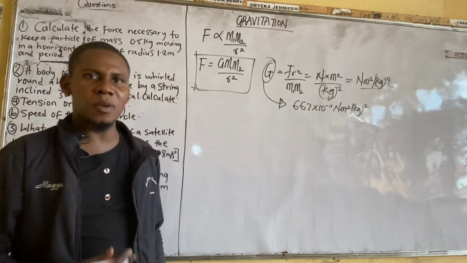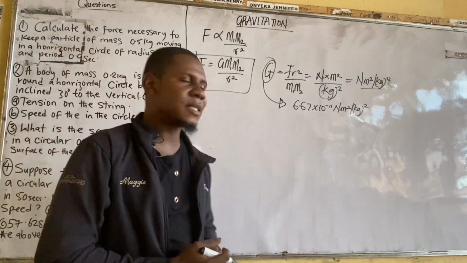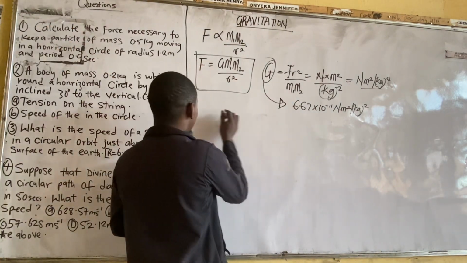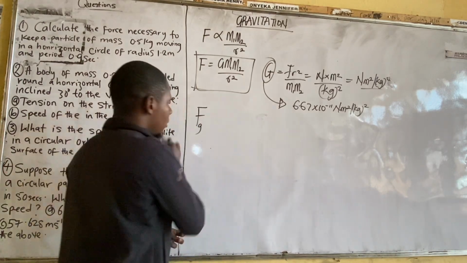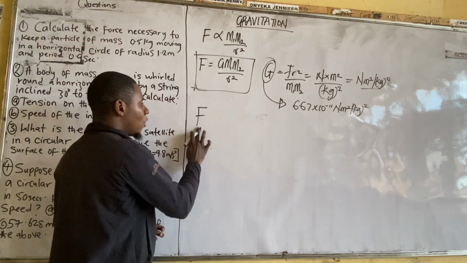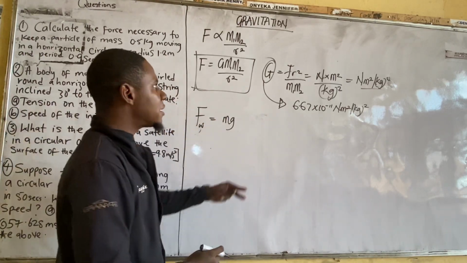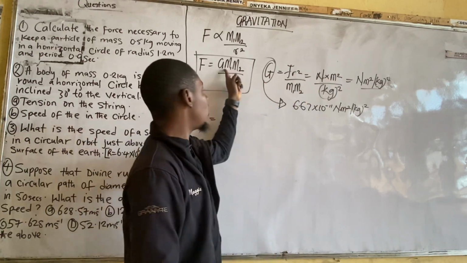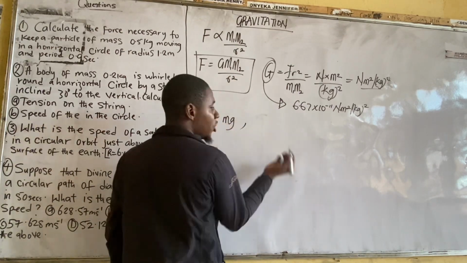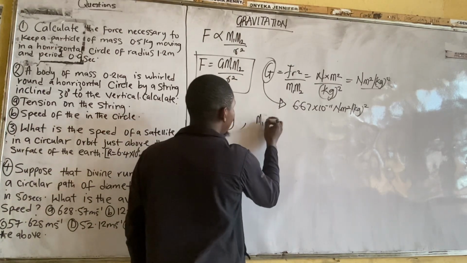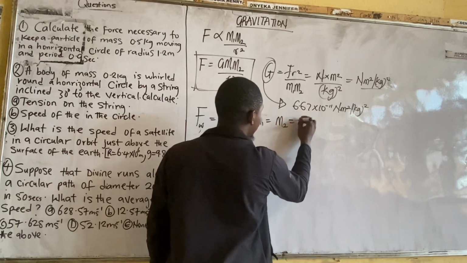And if you can still remember, on this earth, the force of gravity, or weight, is equal to mg. Let's say that these two bodies are equal, a uniform mass, meaning m1 equals m2, which we can take as m.